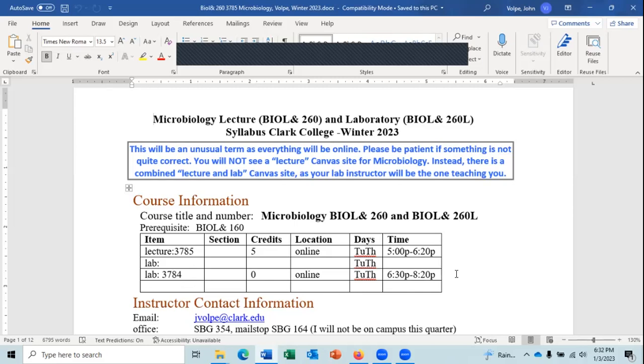What happens with the lab is I'm going to talk generally before the lab about the lab, and then I'm going to open it up for you guys to do the lab, and I will stay in Zoom to answer any questions. But by about 8 o'clock, I'll actually stop.